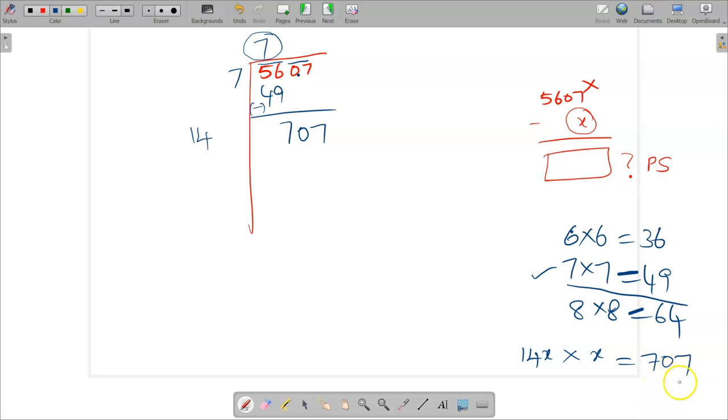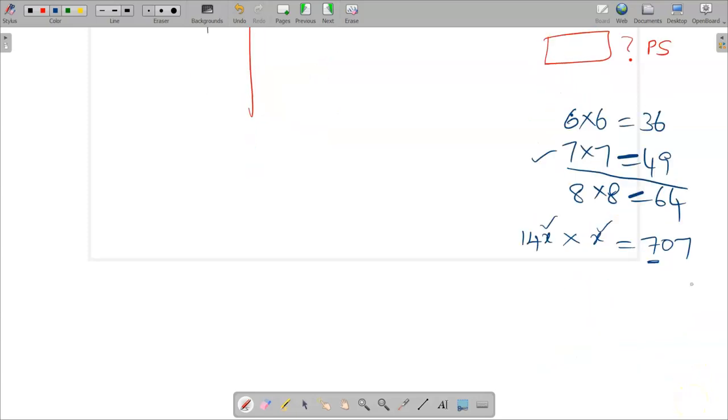Anyway, it is not a perfect square, so I will not get a proper equivalent value for this. So I have to find the nearby value. Since it is 700, 7 into 7 I cannot use because I'll get a bigger number than 707.